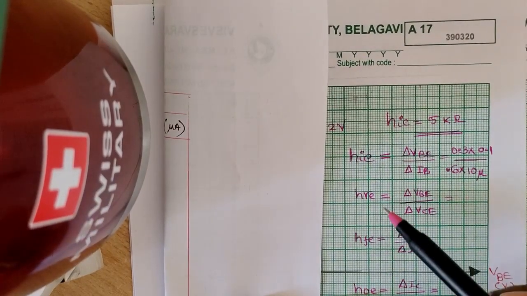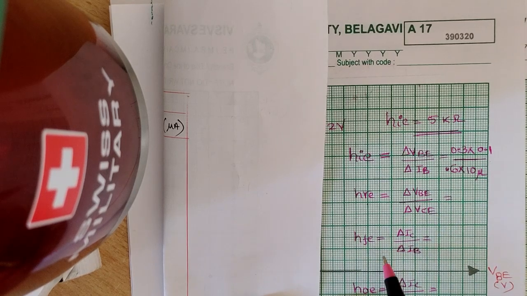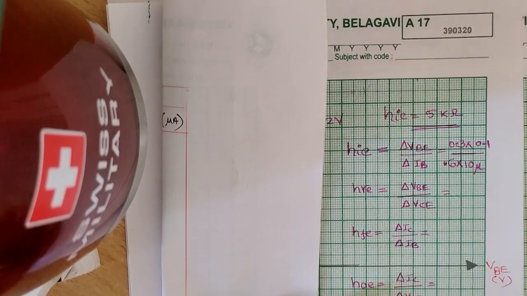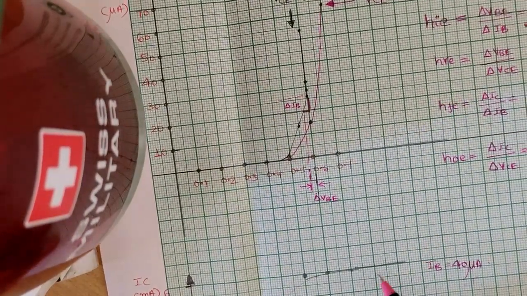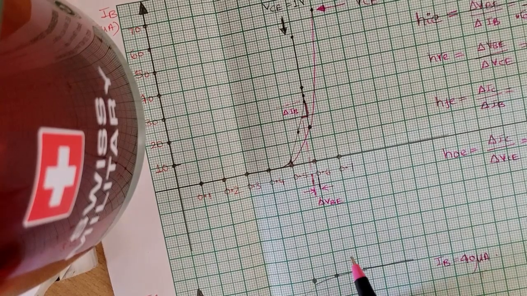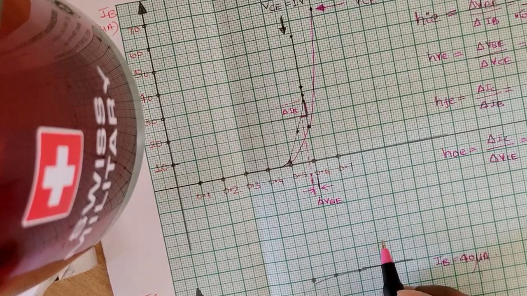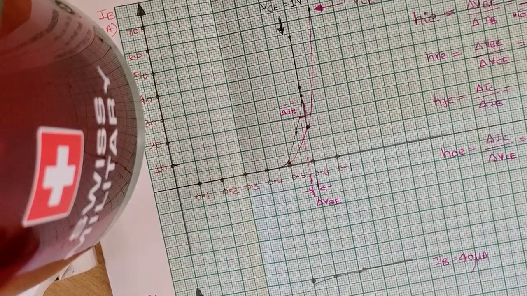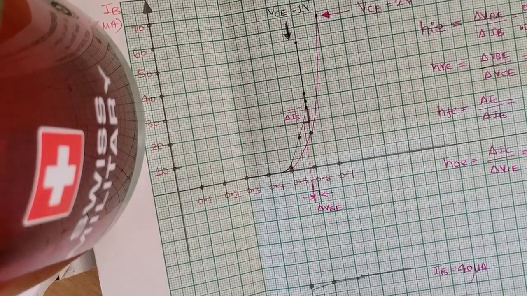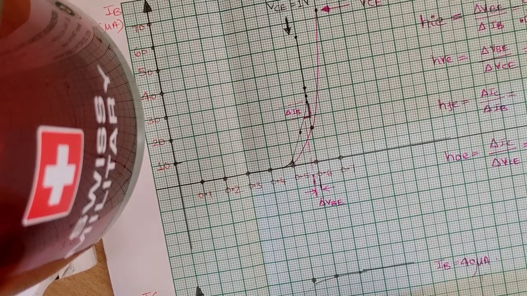Now in order to find HRE, you need to have the value of delta VC, and for HFE you need the value of output current. So now we have to go to the output characteristics. In the output characteristics, once again we will have to select the knee of the curve. Somewhere in this region we can select, this is your knee of the curve.